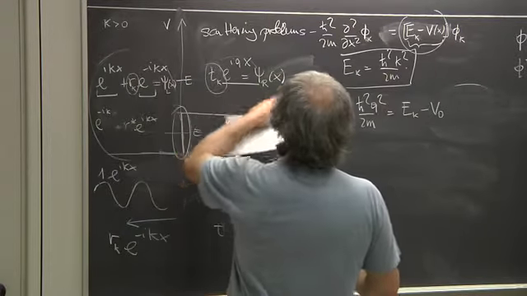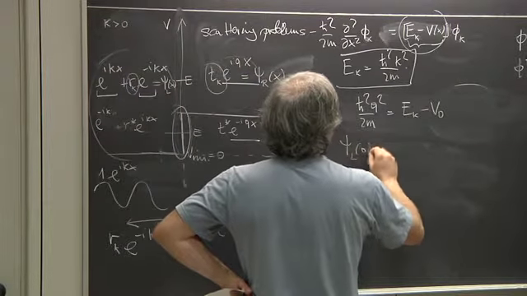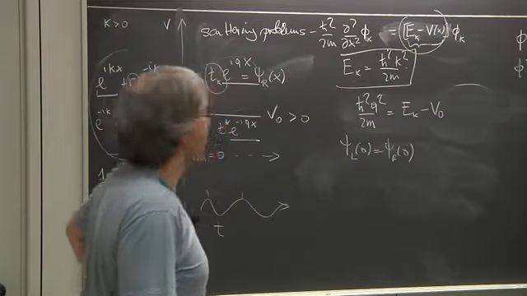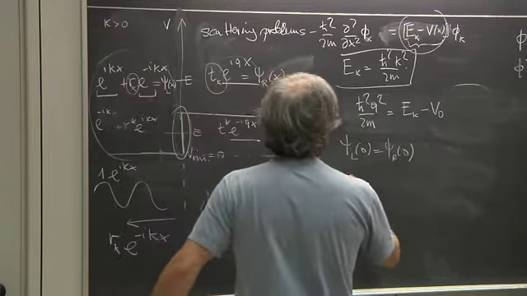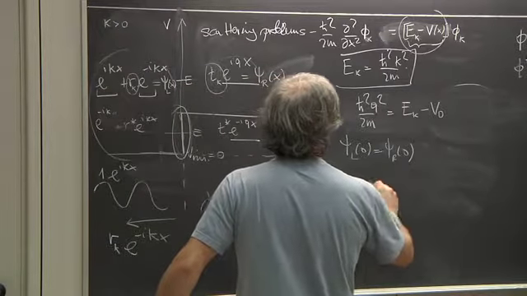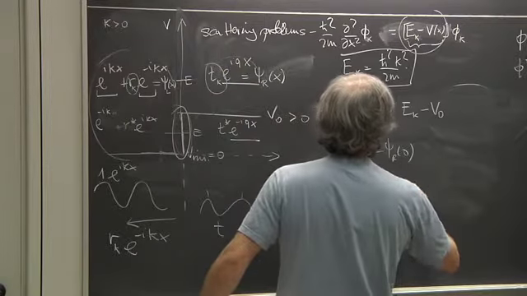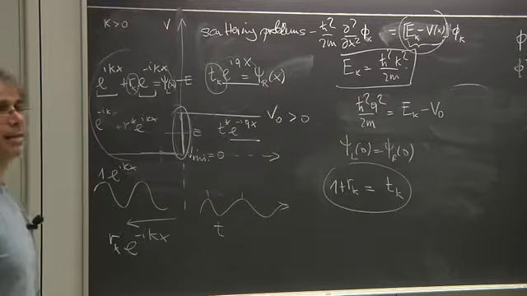The continuity of the wave function at the origin, so the fact that psi L is equal to psi right, requires something already. For instance, you put 0 here, and you get 1 plus r of k. And you put 0 on the right, and you get tk. So you see that tk and rk are related like that.